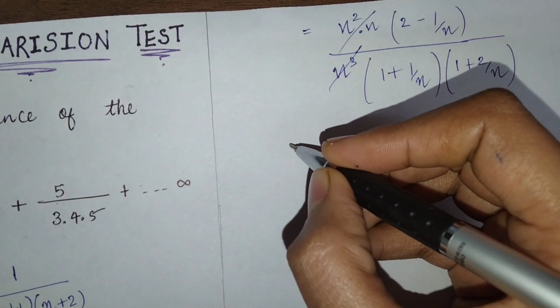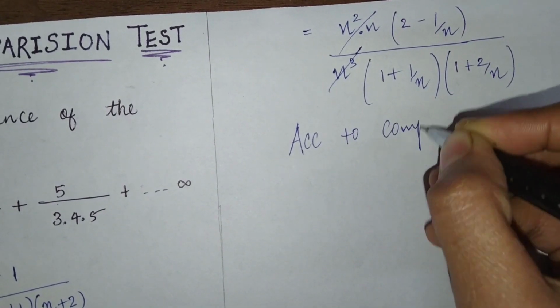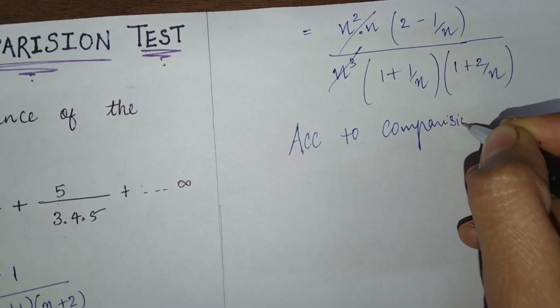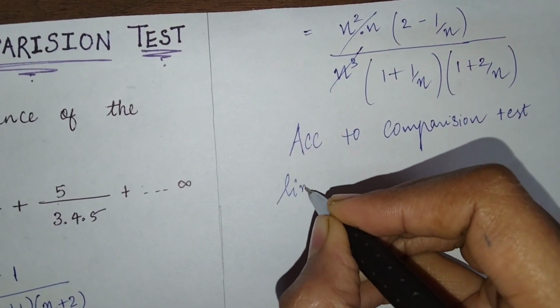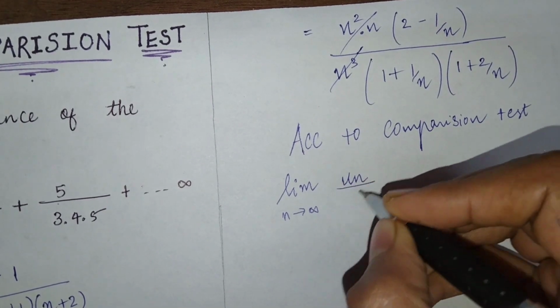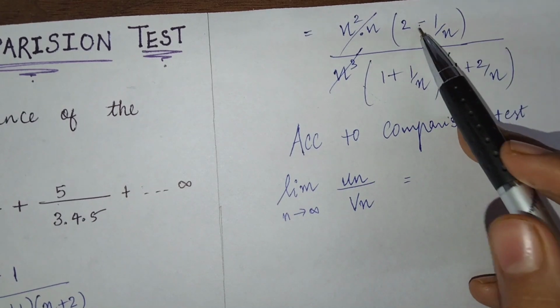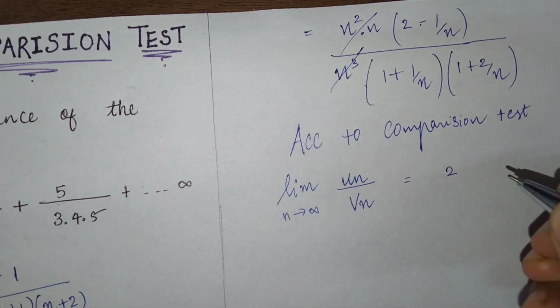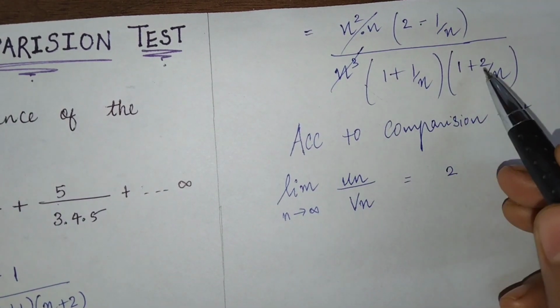And now according to comparison test, if we put the limit, that is limit n tends to infinity in the equation un by vn, then we will get 2. Okay, because here 1 is there.